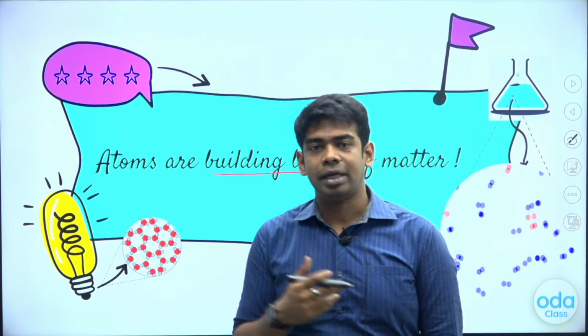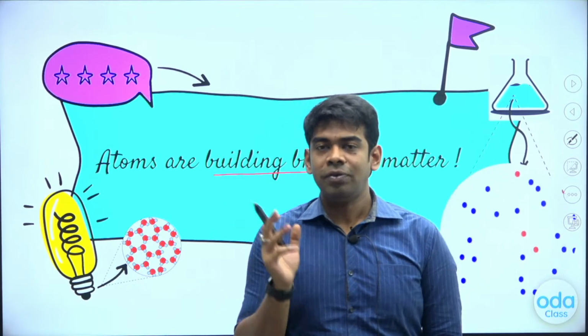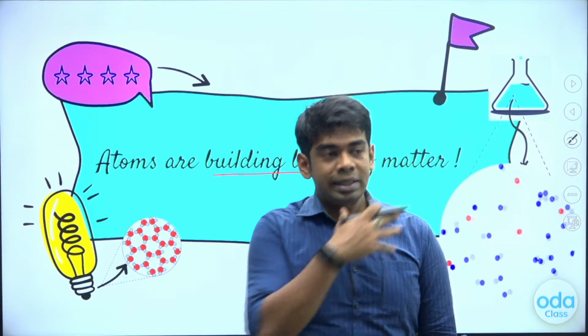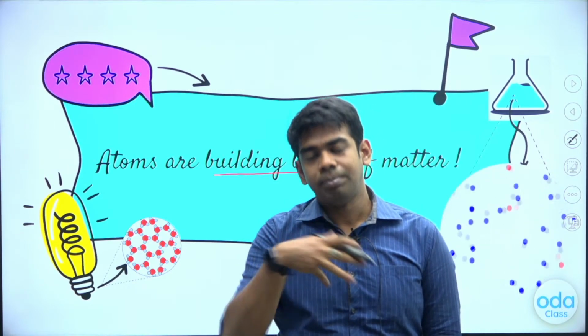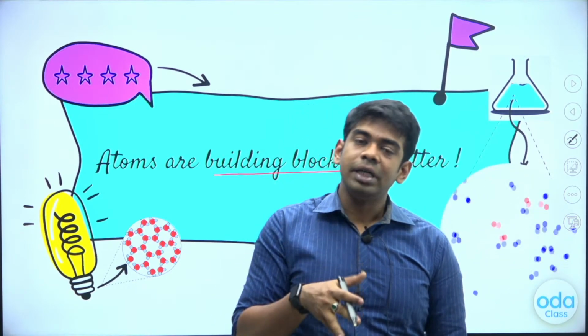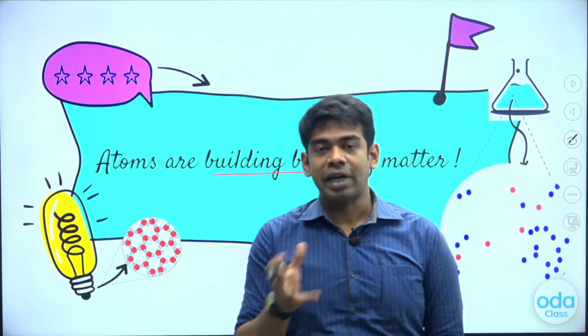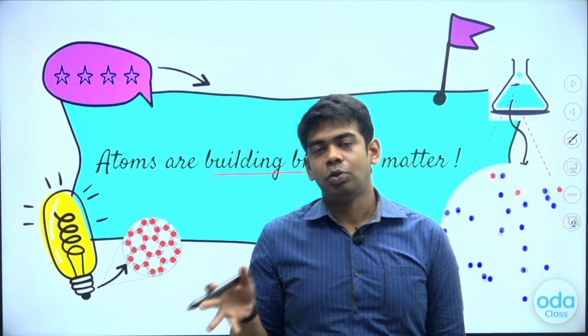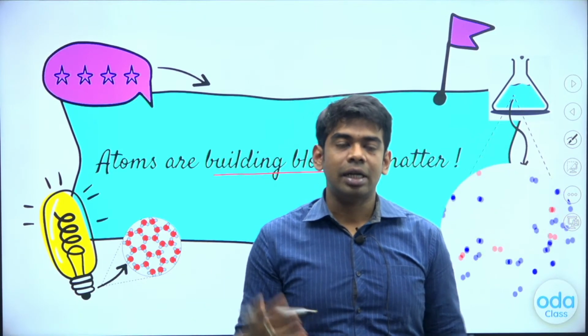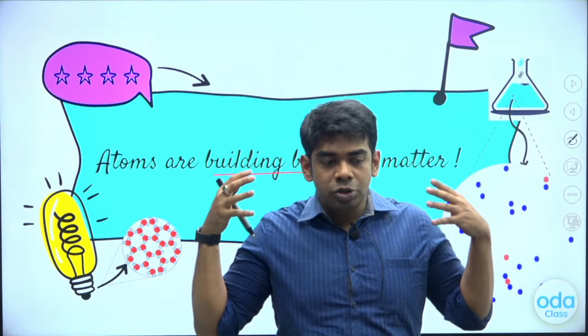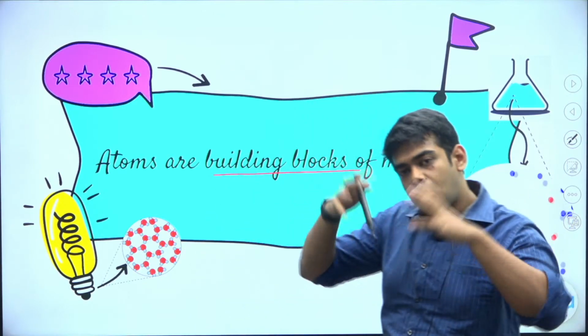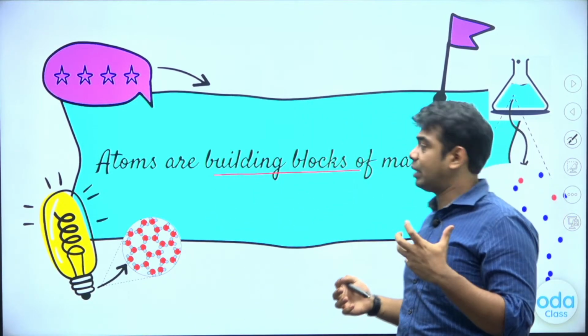Just like in our building, which is made up of bricks and cement, the cement is binding all the bricks. In this lecture, we will discuss that cementing factor inside atoms. How are atoms connected? How are atoms joined together to form the whole matter? That's what we are going to discuss.